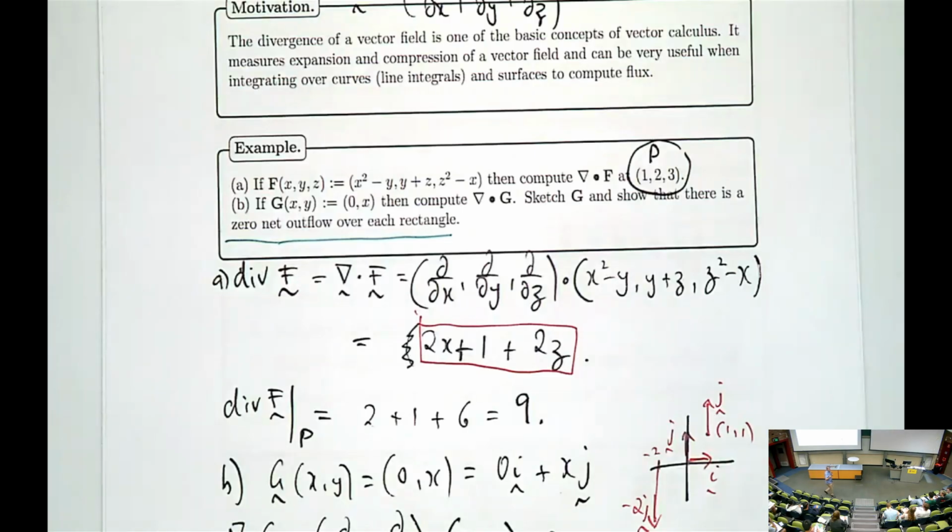Vector fields are hard to draw. They are much harder than regular functions. Even in software like GeoGebra, it's still not very good. Maple's better on one occasion, but it's quite hard to visualize.